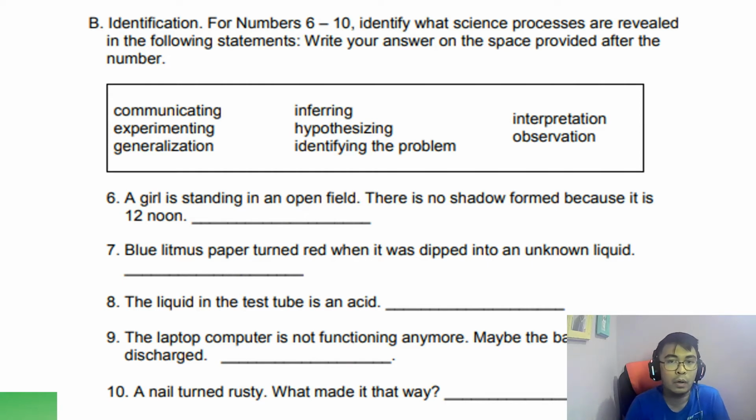Write your answer on the space provided after the number. We have 6 items there, and you are going to choose your answer from the box above. Just select one from them. You may or may not repeat your answers.